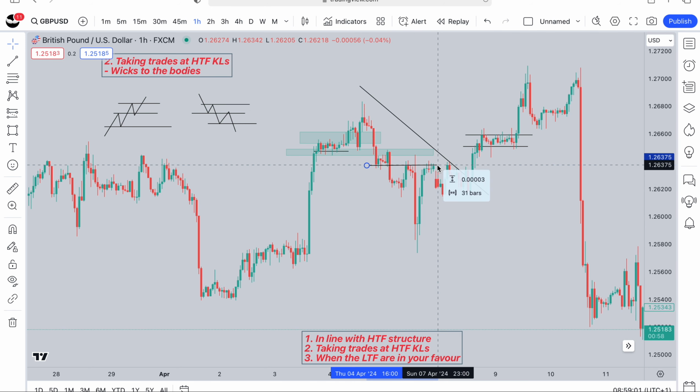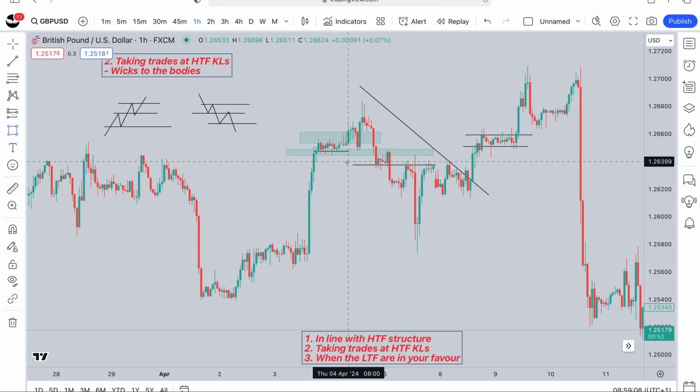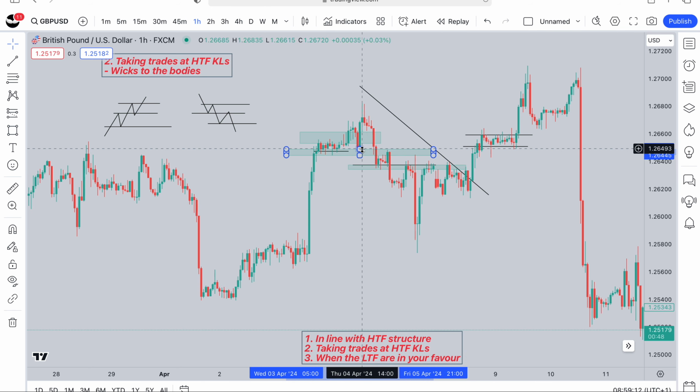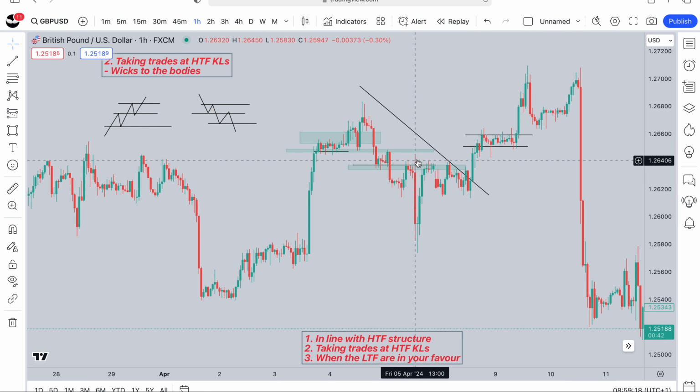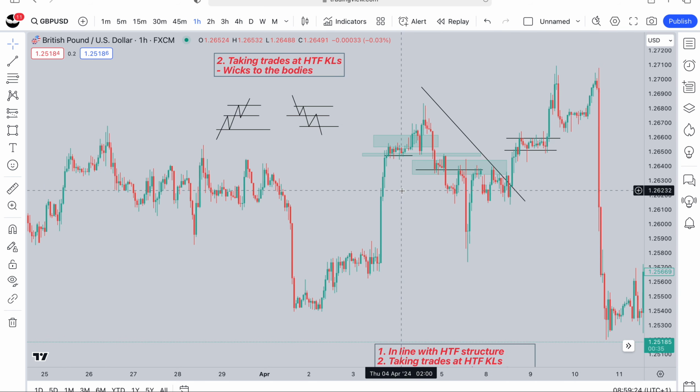Price comes back to retest this level, and it also came back to retest this high. You're going to be looking for trades in and around this level, wicks to the bodies, and then that level. If you want to readjust that, something like that, it's absolutely fine. You can see the price didn't really react to that level, but it created a key level in and around itself here. So as soon as wicks and highs and lows form, then boom, you've got a key level.